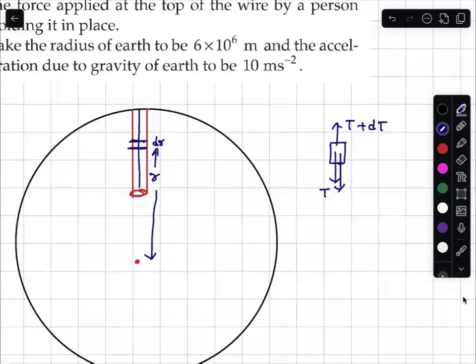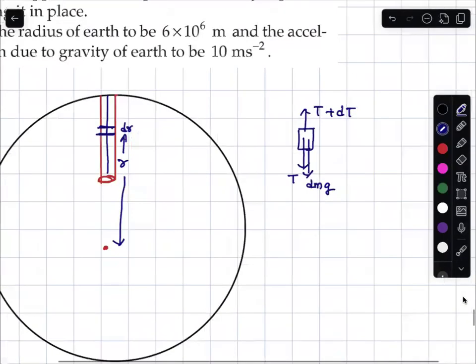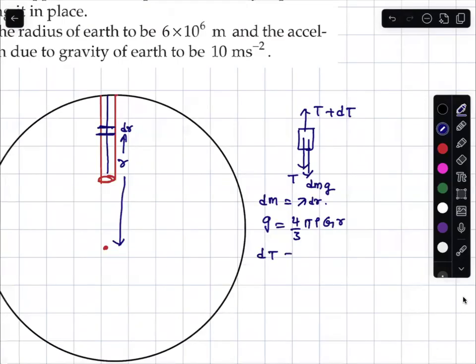So it will have weight dmg at that point. So g at that point is nothing but 4 by 3 pi rho g r. And dm is nothing but mass per unit length into dr. So dt is nothing but t plus dt up, but t plus mg down.